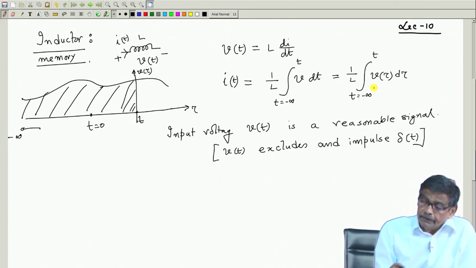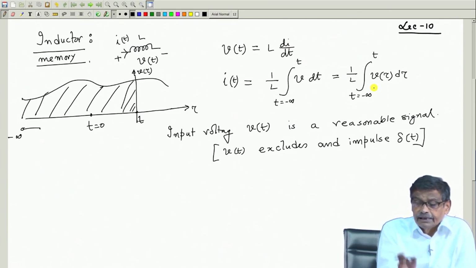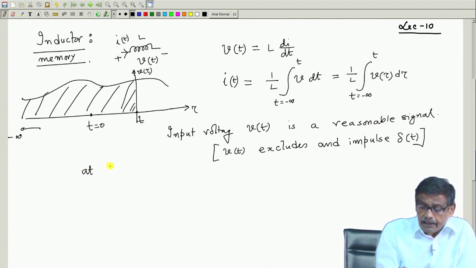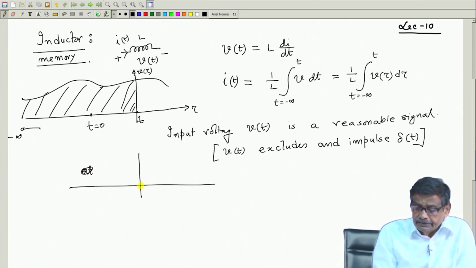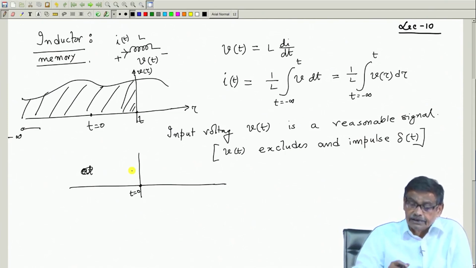Now, suppose across an inductor at t equal to 0, let us try to understand the t equal to 0 business. At t equal to 0, I am going to apply some voltage across the inductor, and that voltage is known to me.